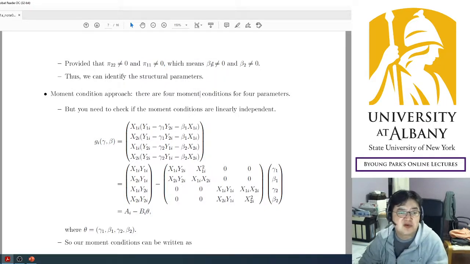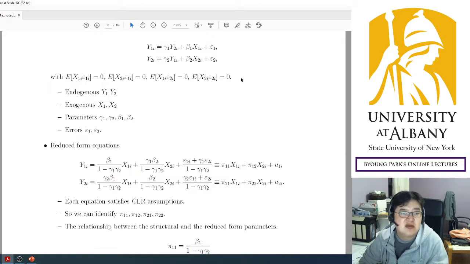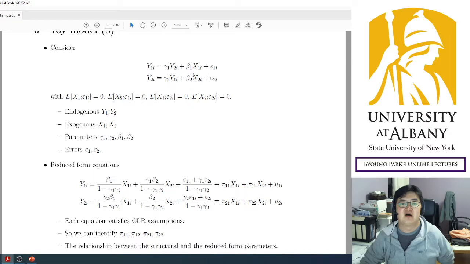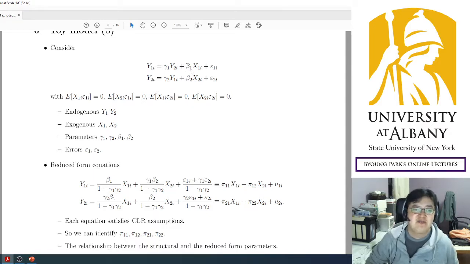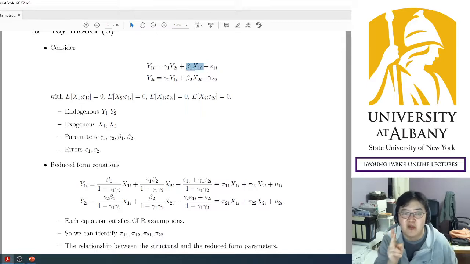Denominator non-zero means beta 1 is not 0, beta 2 is not 0. If beta 1 or beta 2 is 0, that means the exogenous variable disappears, which means you lose some of the exogeneity assumptions. If beta 1 equals 0, you lose 2 exogeneity assumptions about x1, but you still have 3 parameters to identify.